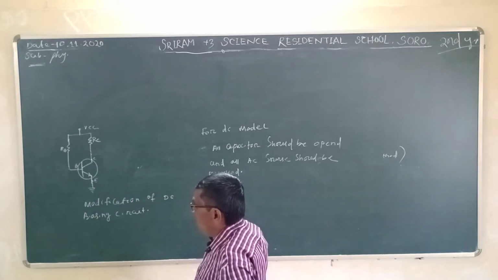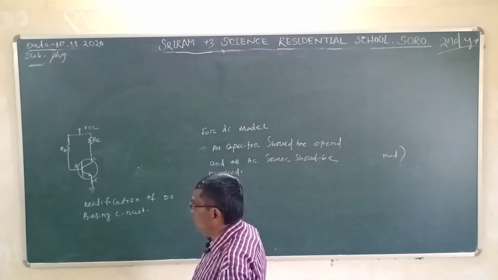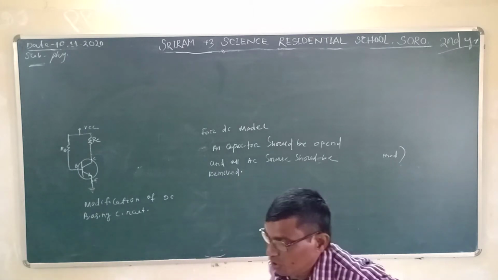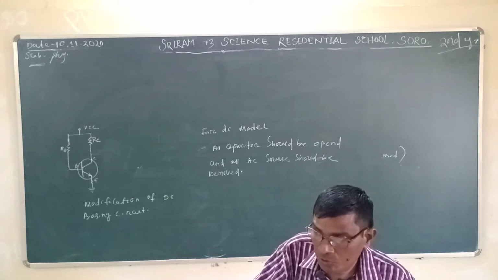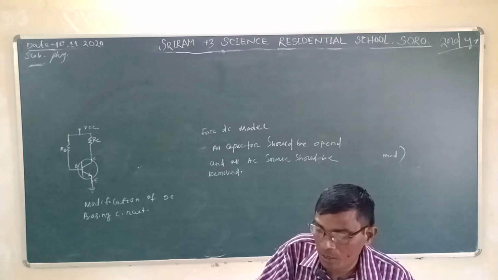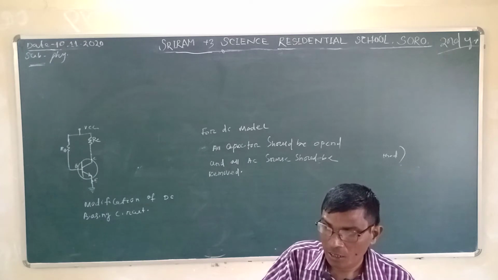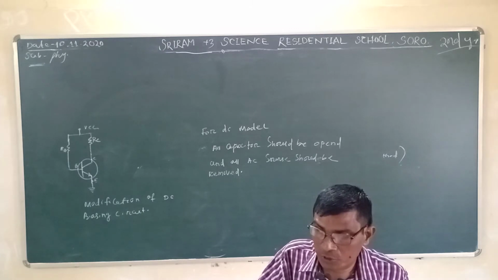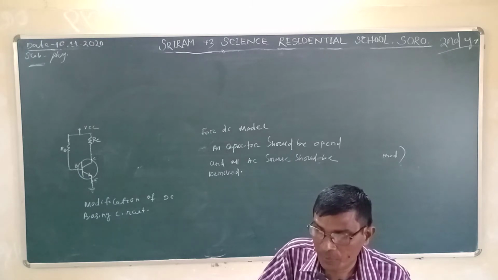Now we analyze this circuit when we apply the DC voltage VCC. When we apply the supply voltage VCC, the base current IB will start on the input side and the collector current will start on the output side.